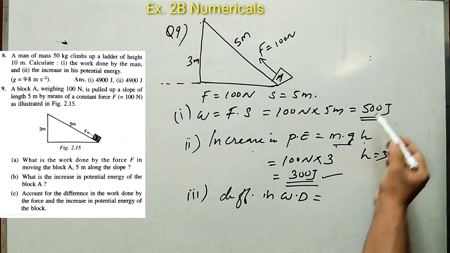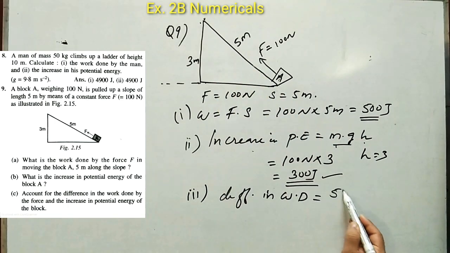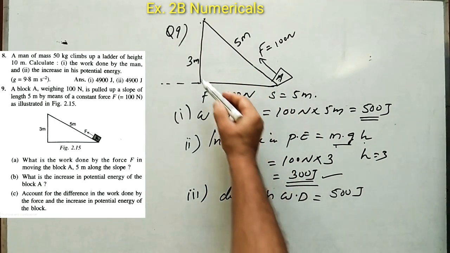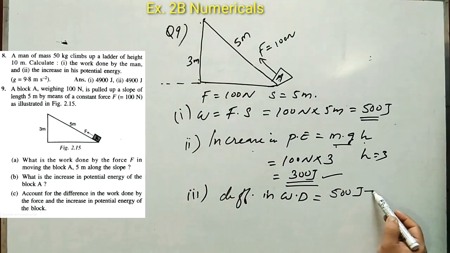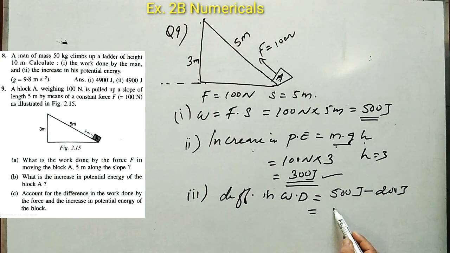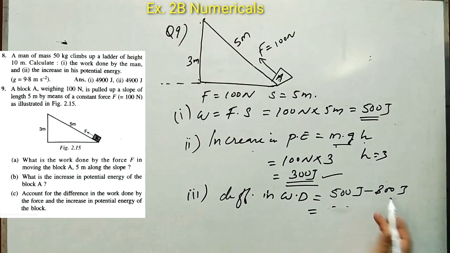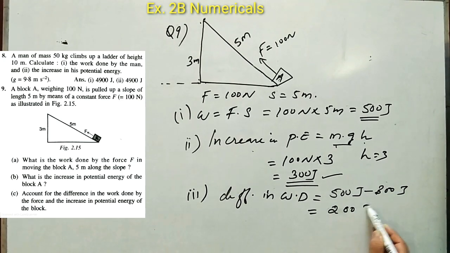You can see the difference in work done. So when it is pulled along the inclined surface, it is 500 joule. When it is at a height of 3 meter, it is 300 joule. Sorry, this is 300. The difference is 500 minus 300. That comes out to be 200 joule. So this 200 joule is the difference in work done.